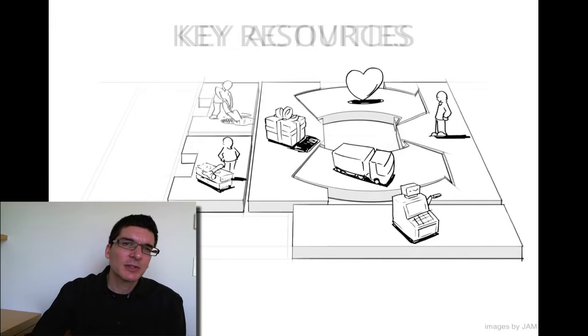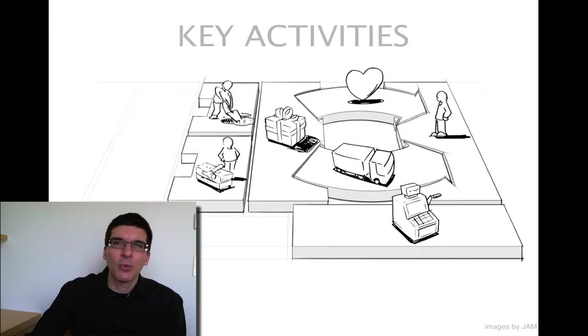And then the next question is, well, we know what we need to have, but what is it that we really need to do, that we really need to be good at in our business model? Which activities do we need to excel at? Is it marketing and sales? Is it research and development? Is it managing servers? What are those activities that are crucial in our business model.